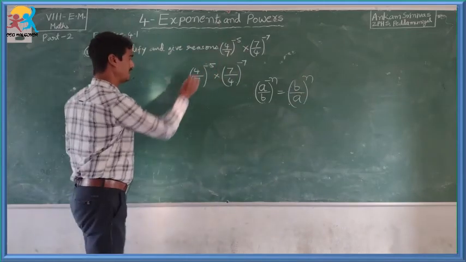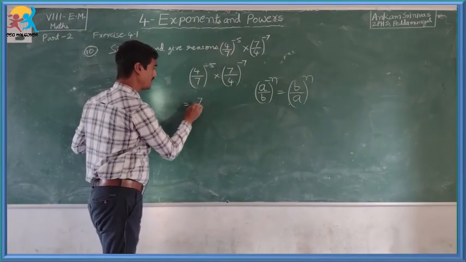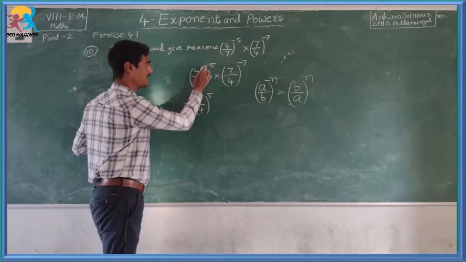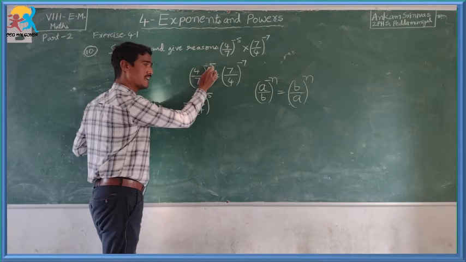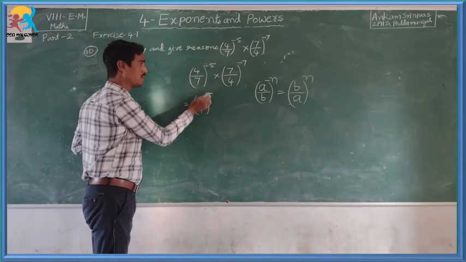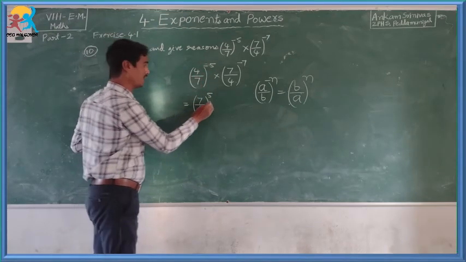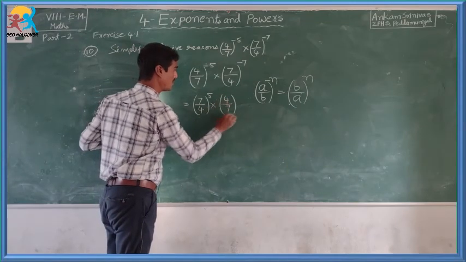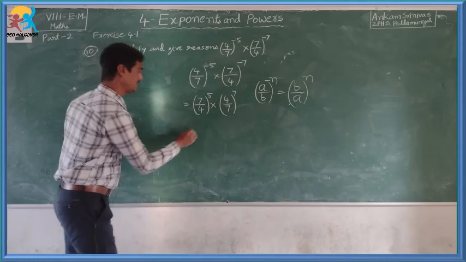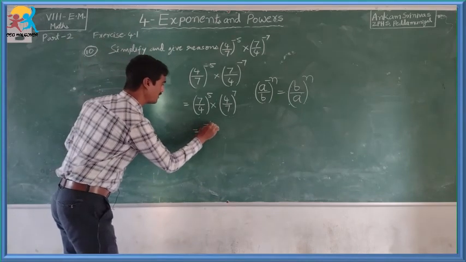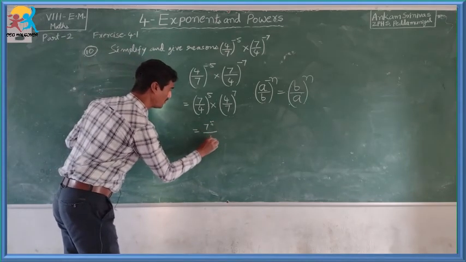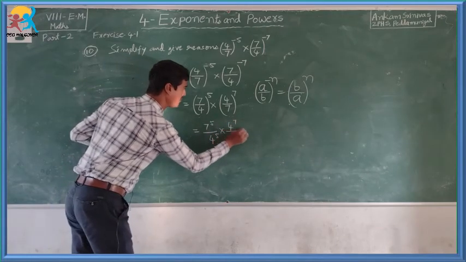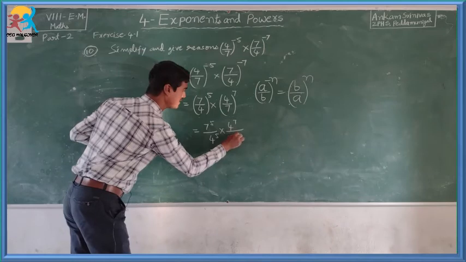So here 7 by 4 whole power 5, the minus 5 exponent converted to positive by writing the reciprocal, into 4 by 7 whole power 7. Then 7 power 5 by 4 power 5 into 4 power 7 by 7 power 7.